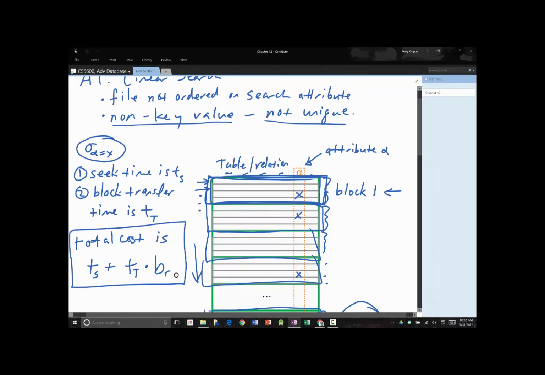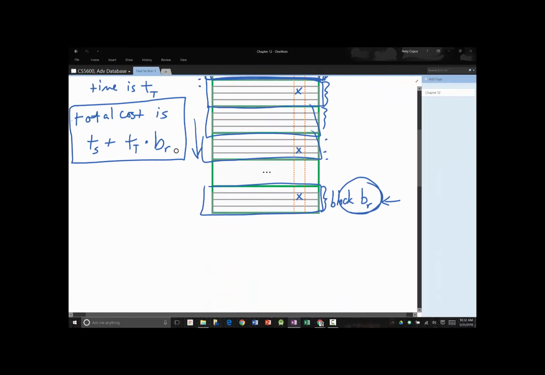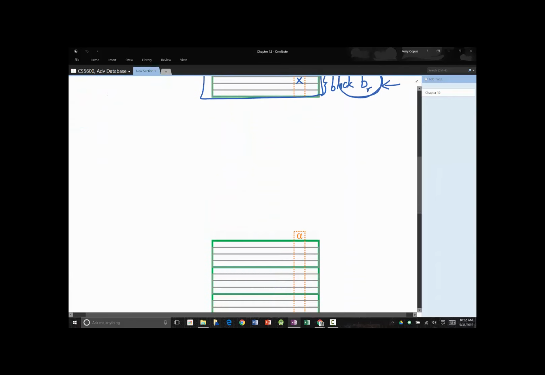Let's look at the next case. Let's call this case A1.2, if you will, another linear search, but this one is going to be different.